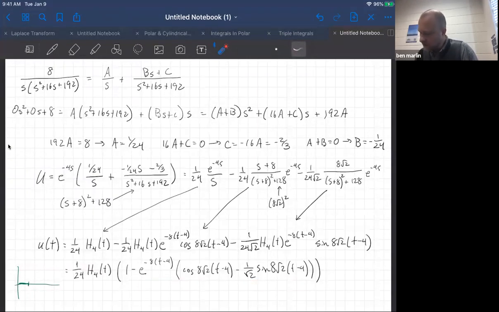I probably don't have a very good picture of it here, but it probably looks something like this. Okay, so the sudden switch on will make it go away from the equilibrium, but the damping will eventually drive it back.